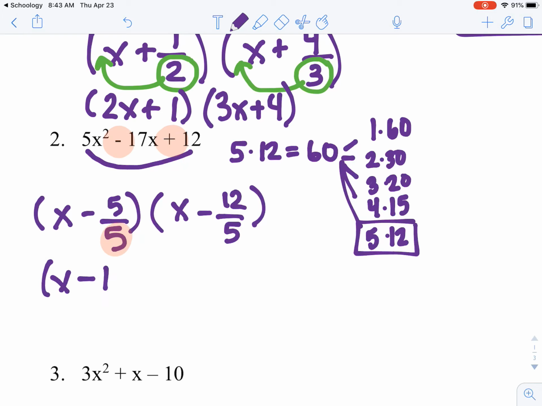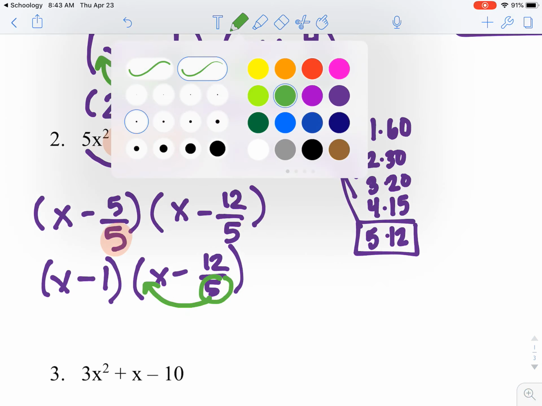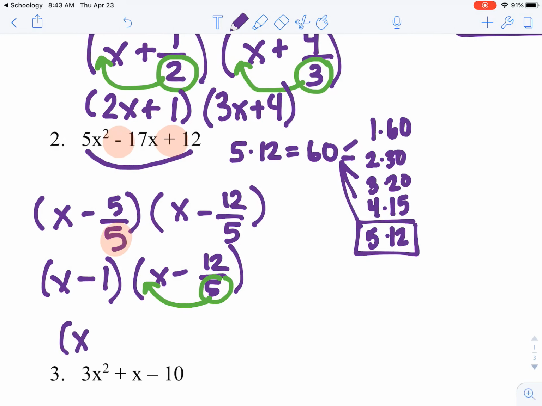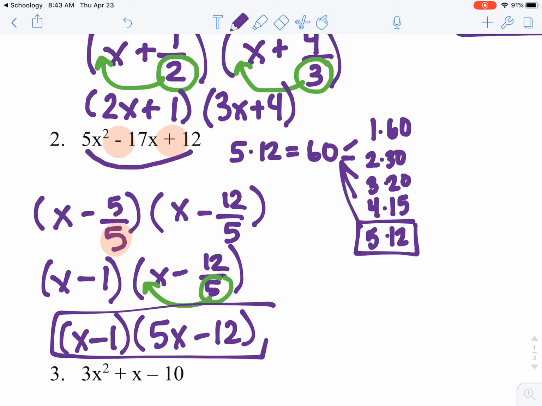So I have x minus 1 and x minus 12 over 5, because that does not reduce. So I'm going to take my 5 and slide it over. So I have x minus 1 times 5x minus 12 is my factor.